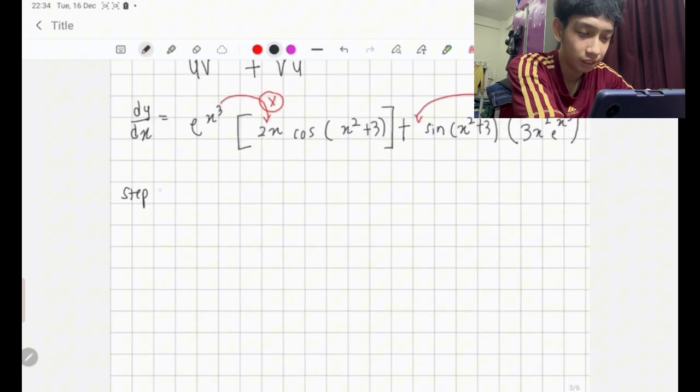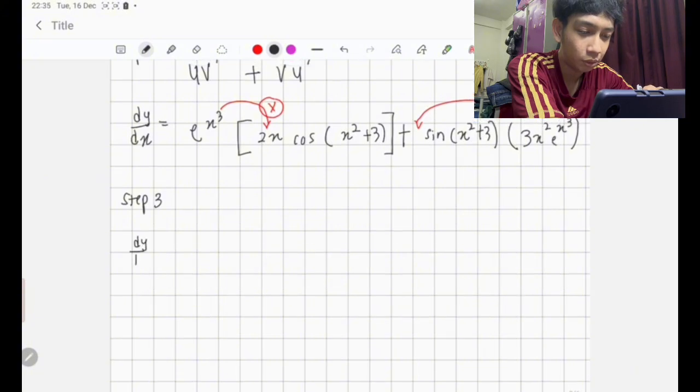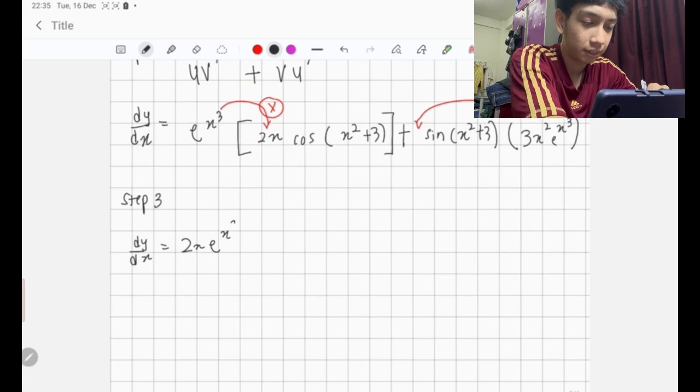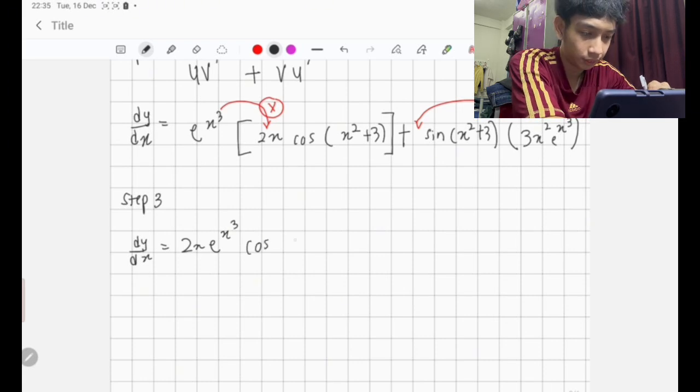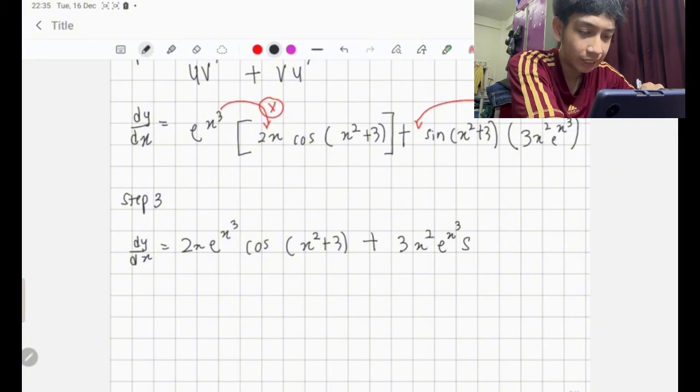Step 3, this is the result from what we multiplied. sin(x^2 + 3). Yes. So we need to factor out the e^(3x).